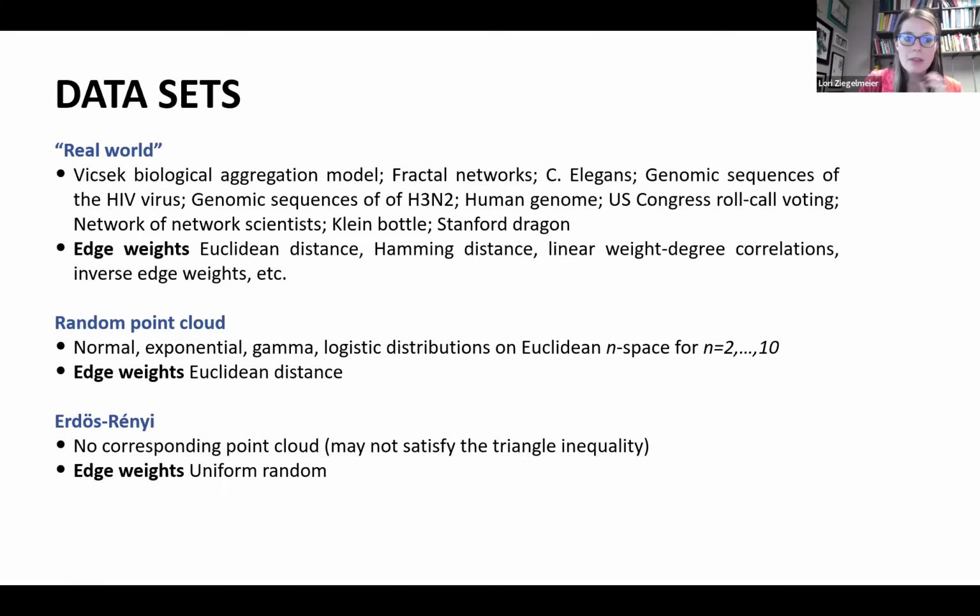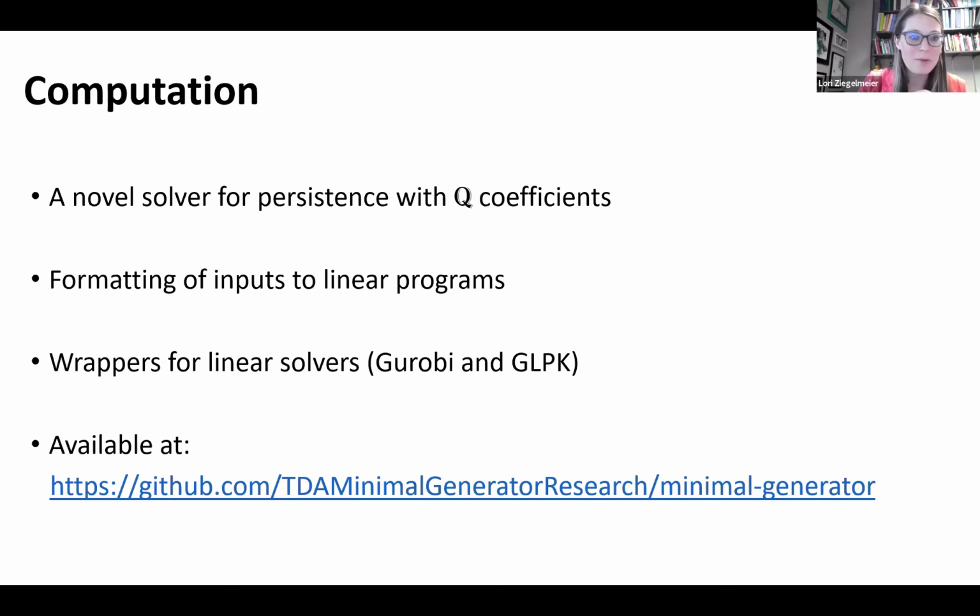Then we wanted to do computation on this. A few things to point out. If you want to do minimization on, say, Z2 coefficients, that's an NP hard problem. So what we actually needed was a novel solver for persistence with rational coefficients. So that's part of our software library. And then we need to be able to work flexibly with the boundary matrix, taking portions of a boundary matrix and so on.